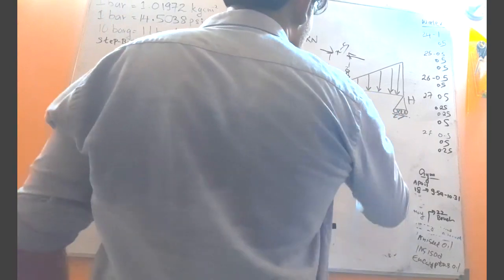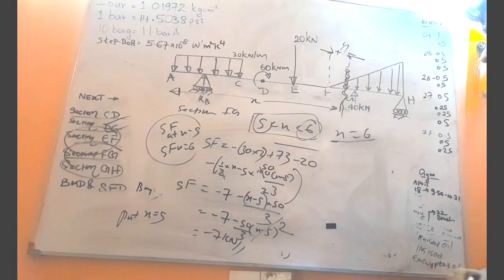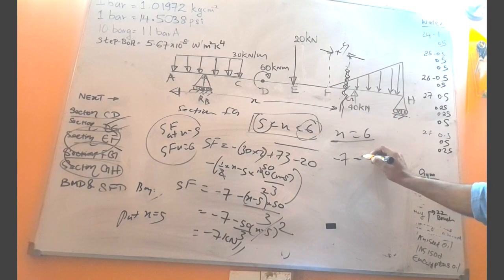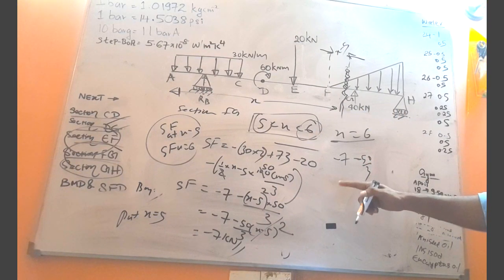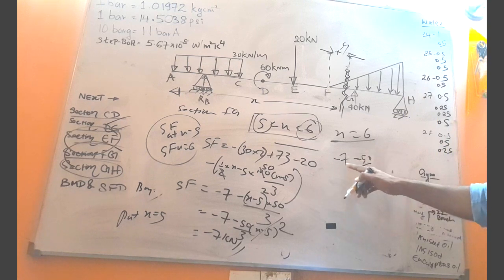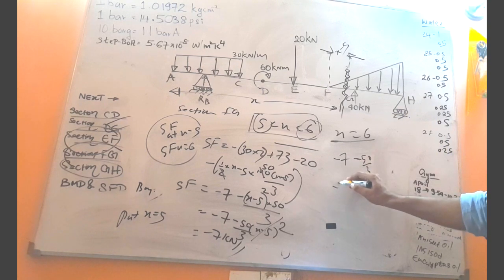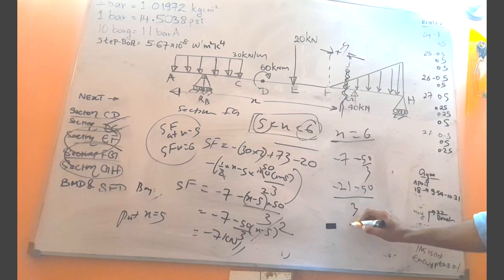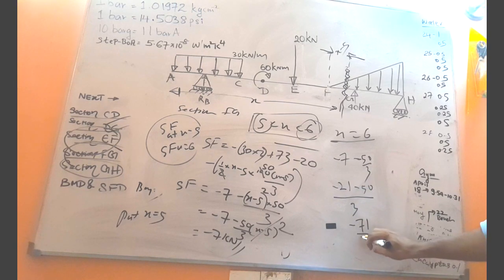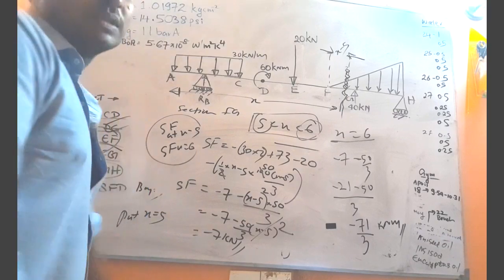Now when I write x equals 6 in the general equation, minus 7 minus 50 divided by 3, since 6 minus 5 is 1. So minus 21 minus 50 divided by 3, that is minus 71 divided by 3. So that is the shear force.